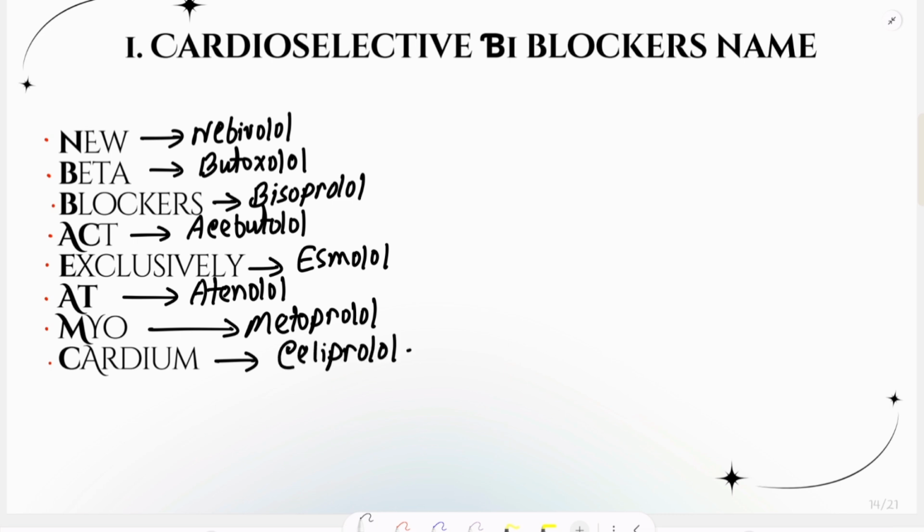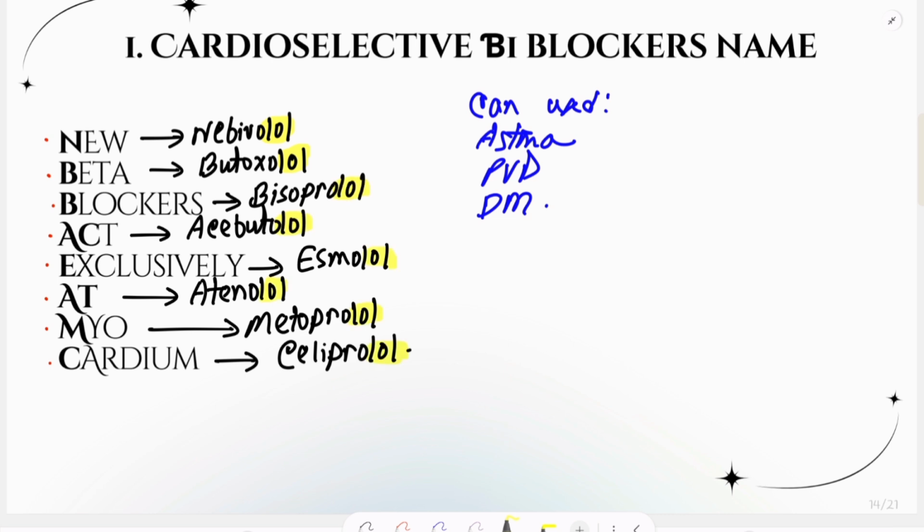So as these act only on beta 1 receptor, they can be used in asthma, peripheral vascular disease, and patients with diabetes mellitus. If you look carefully, you can see that all beta blockers end with lol.